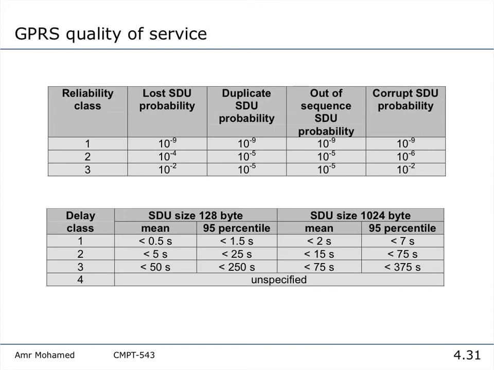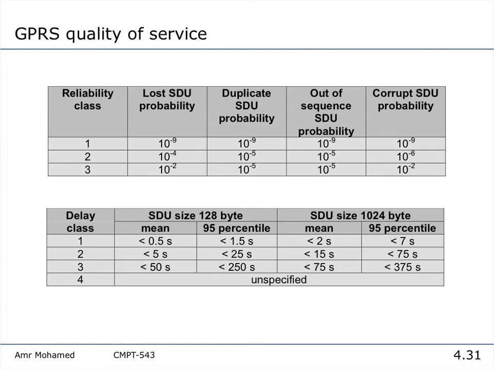But GPRS now provides dynamic allocation. In every super frame you may get 1 slot, 2 slots, 4 slots, 8 slots. You can have all the 8 slots allocated to the uplink and 0 slots allocated to the downlink. Okay? So it's dynamic. So based on that, the behavior that you get is dynamic.